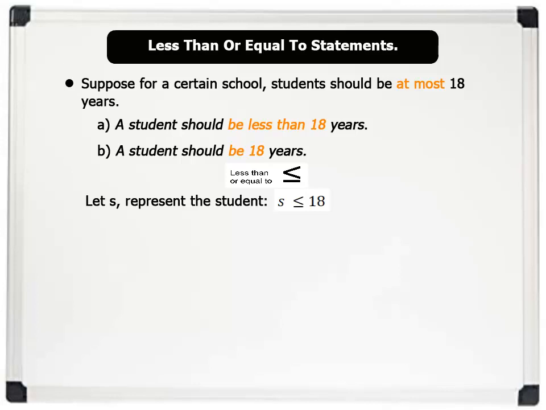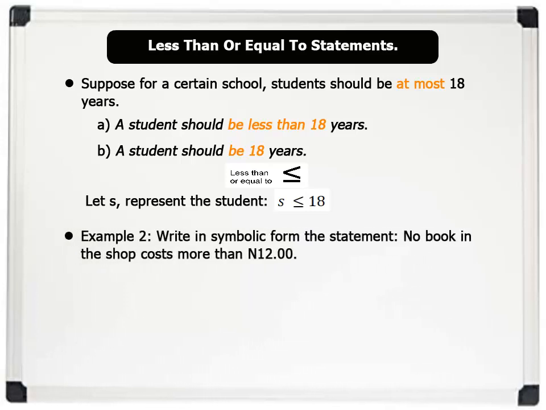Let us see another example. Example 2. Write in symbolic form the statement: No book in the shop costs more than 12 naira. Solution. Let C represent cost of book. Writing the two statements in symbols, we have A. C equals 12 naira.